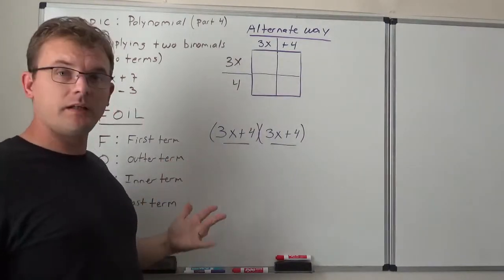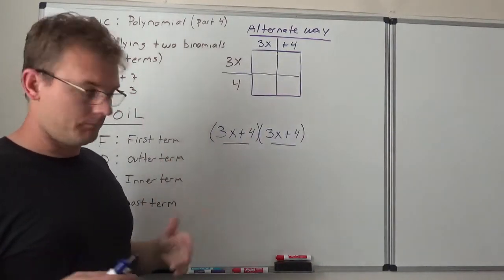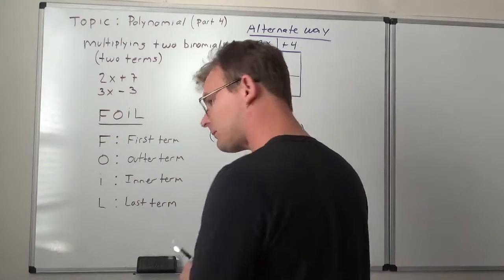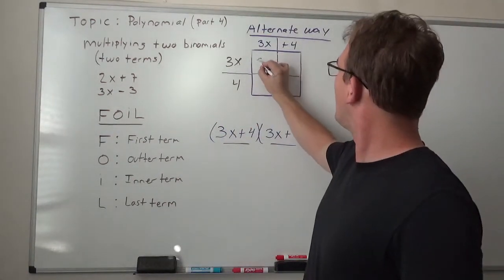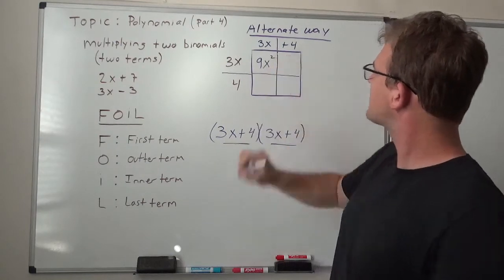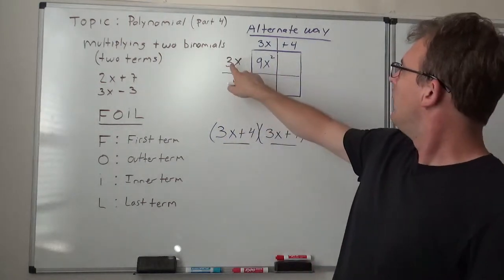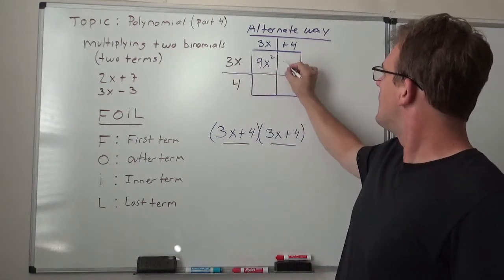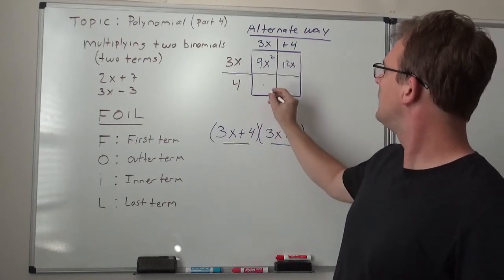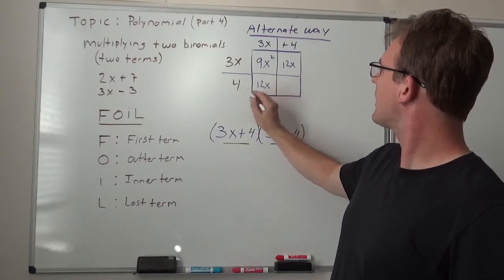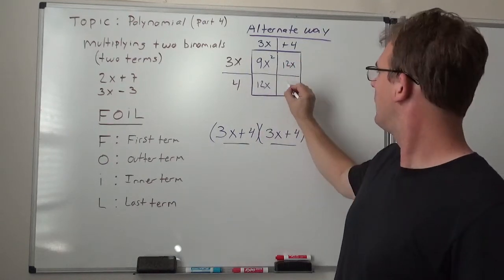Now, simply multiply. So, 3 times 3, 9x squared. 3 times 4, 12x. 4 times 3, 12x. 4 times 4, 16.